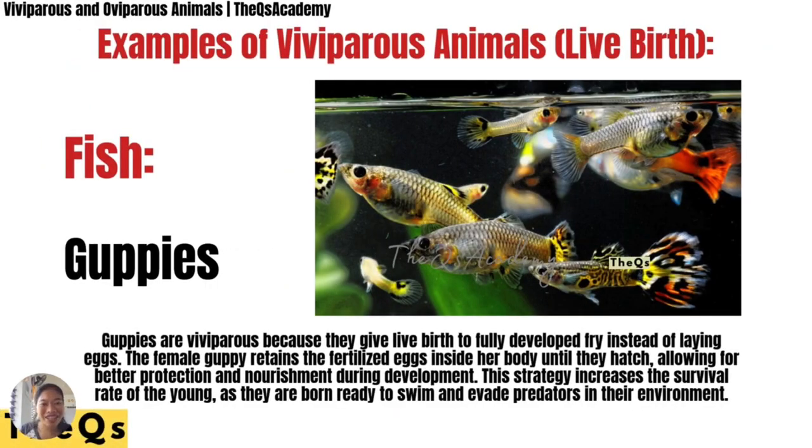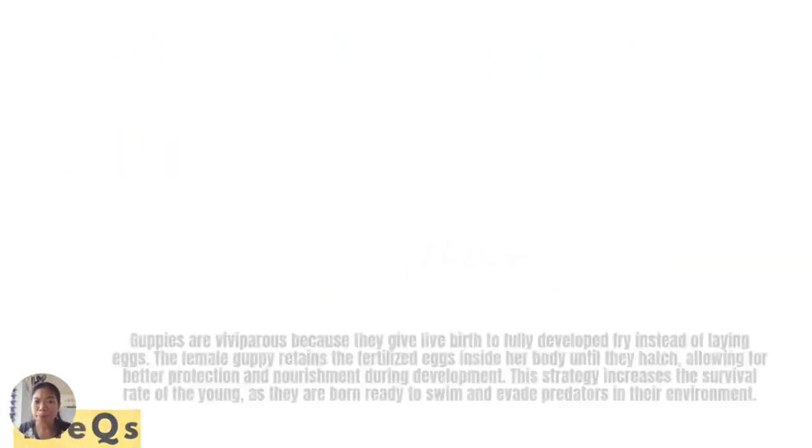We have fish. Yes, fish like guppies are viviparous because they give birth to fully developed fry instead of laying eggs. Fry is the name of their young. So guppies are different from other fish because they give birth to fully developed fry.